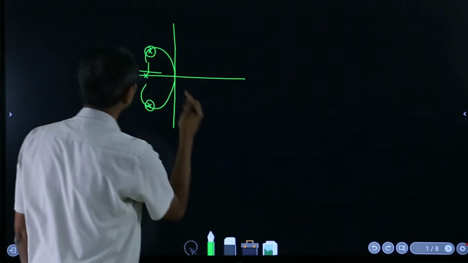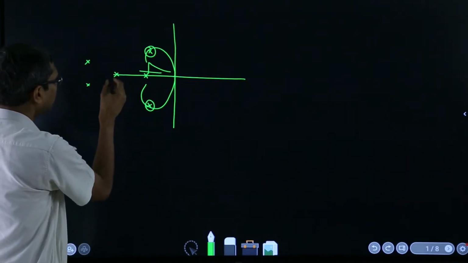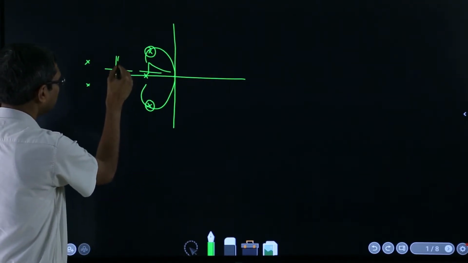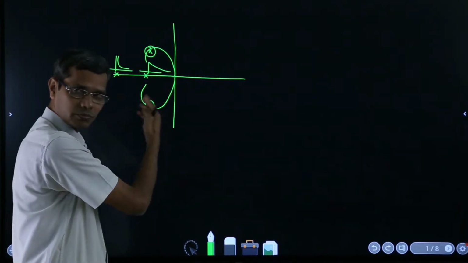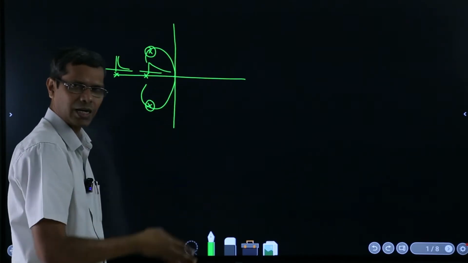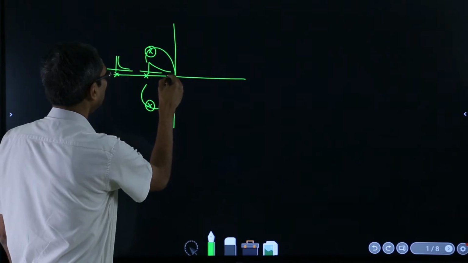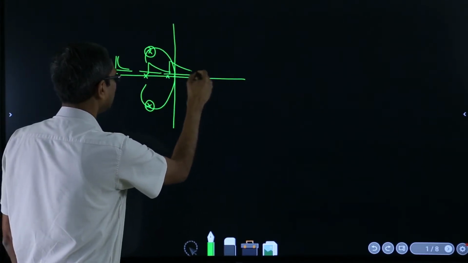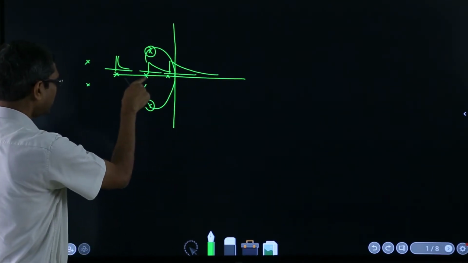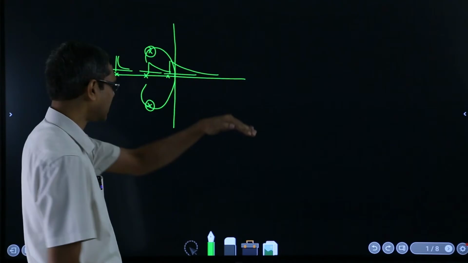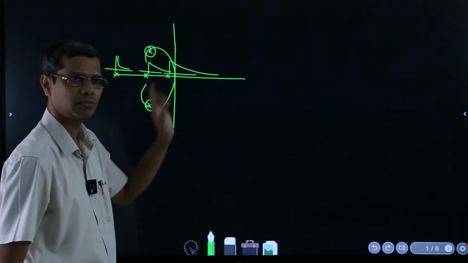If you come here, the same response will be faster. If you go farther and farther from the origin, it will be a faster and faster dying system. And if you come here, it will be even slower. But they will die. So if you have a component of your system on the real axis, its response to an impulse is something like this.